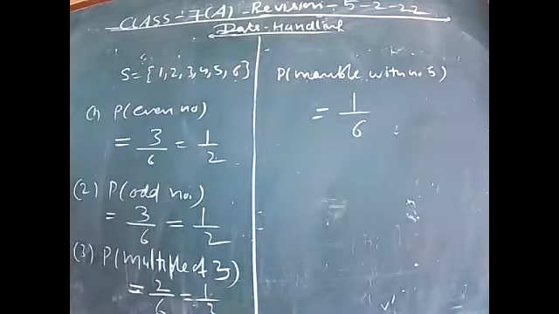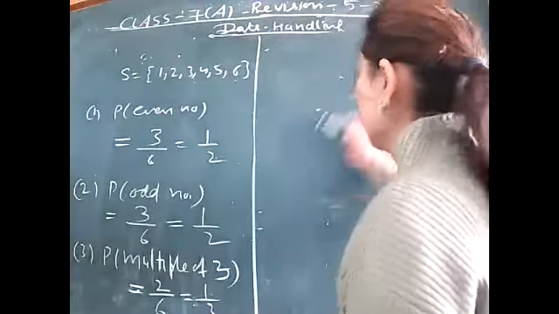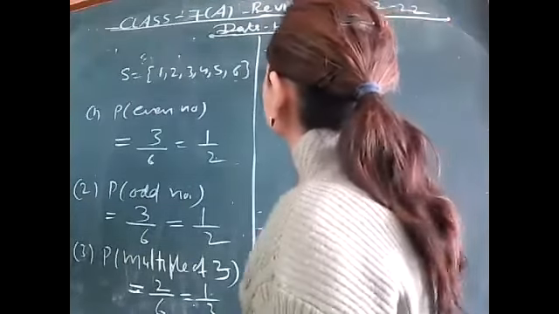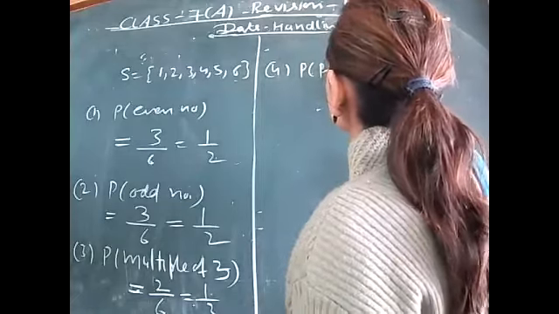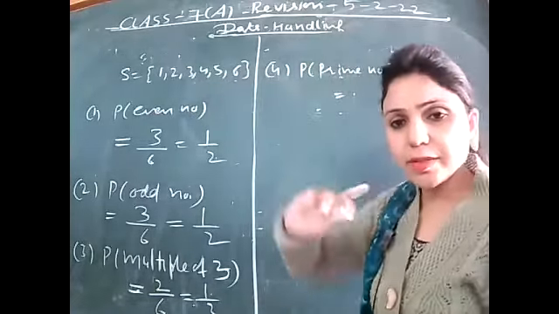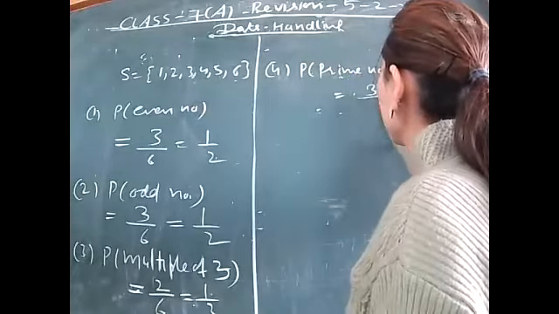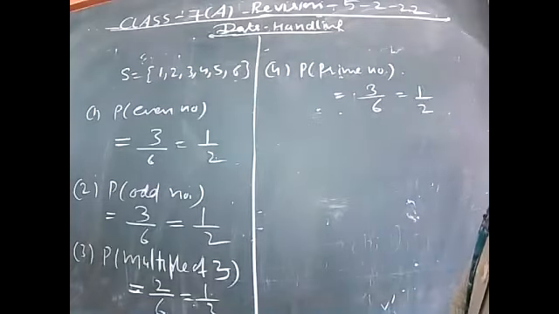This is 1 by 3. Next. Probability of getting prime number. You know which of these are prime? 2, 3, 5. They are the prime numbers. So 3 upon 6. That is 1 upon 2.